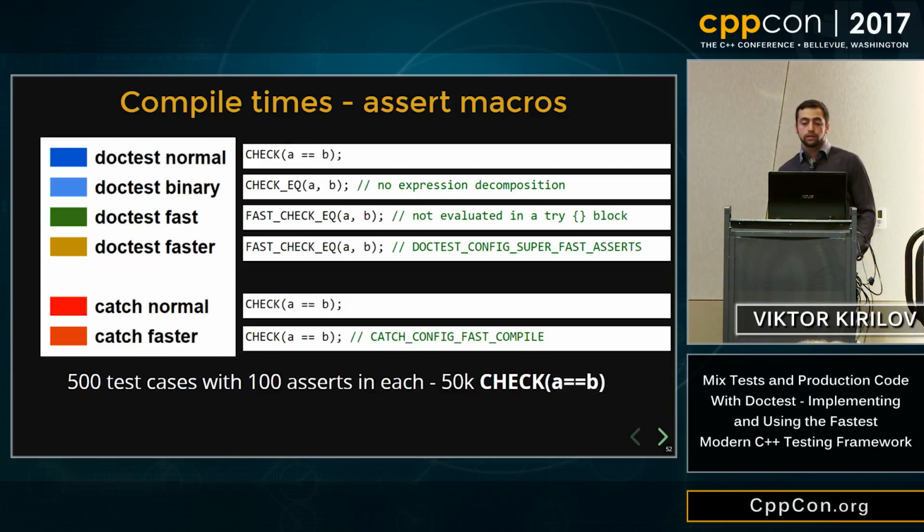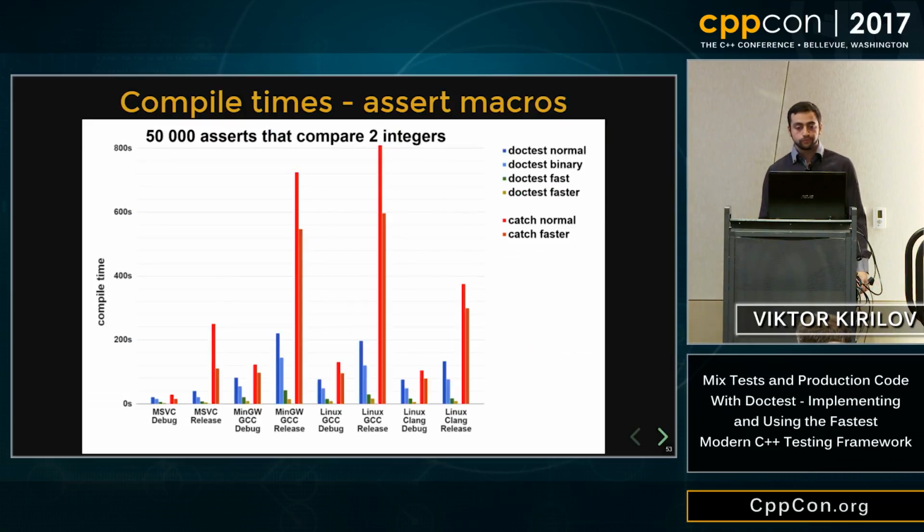Catch has the expression decomposing asserts, and it also has a fast compile option, which also removes some of the functionality of the asserts, like in my case. It removes the try blocks, and it's also a bit like the super fast asserts, which I'll talk about later. So in the benchmarks I'm about to show, I compiled 500 test cases with 100 asserts in each of them, and that amounts to a total of 50,000 asserts.